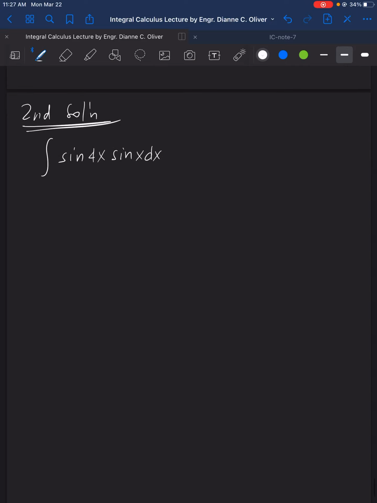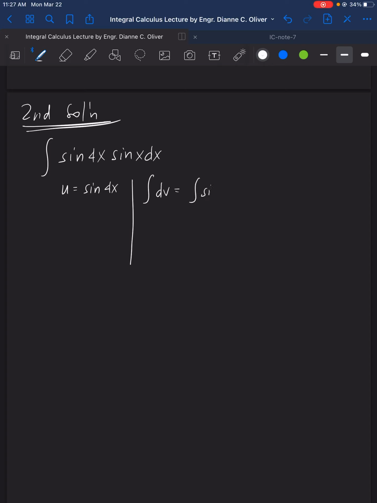For the second solution, this time, if we let sine x first, this time we will let sine 4x first. Sine x dx. Okay? Then, we will let u here as sine 4x. So what's the integral of dv here?